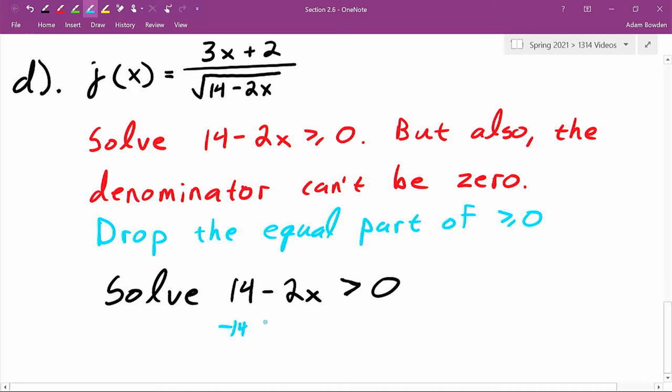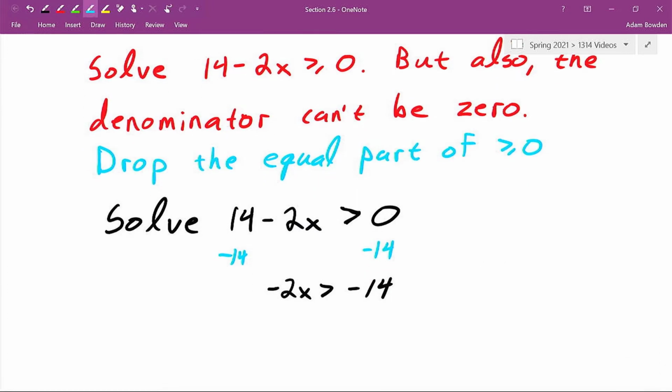So I'll solve, subtract the 14 over, negative 2x greater than negative 14. We'll divide by negative 2 here. When we divide by a negative, that's going to flip the sign of the inequality, and then it'll turn into less than. X less than positive 7.